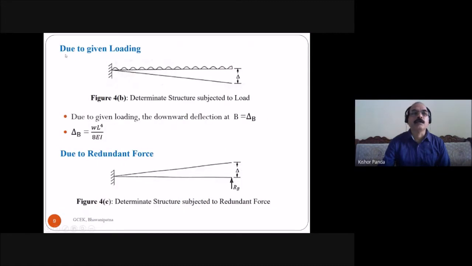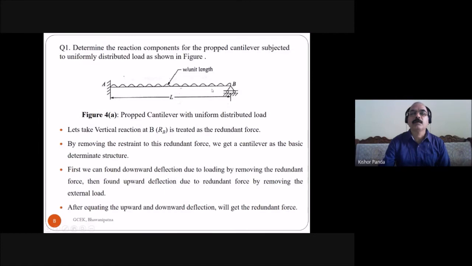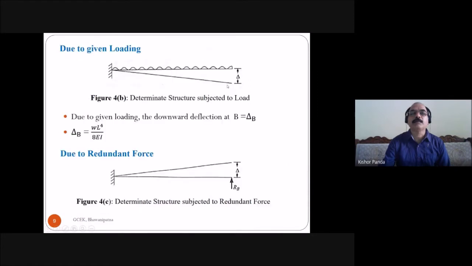So first, due to the given loading, take the loading in the beam, remove the redundant force, and only take the load given in the beam. Due to this load, find the downward deflection.